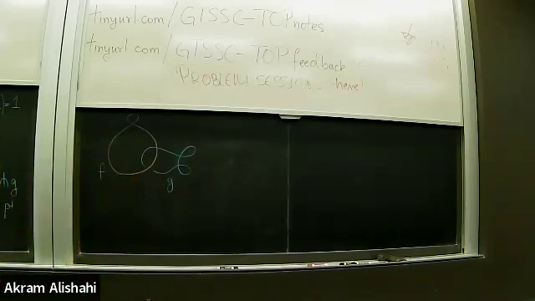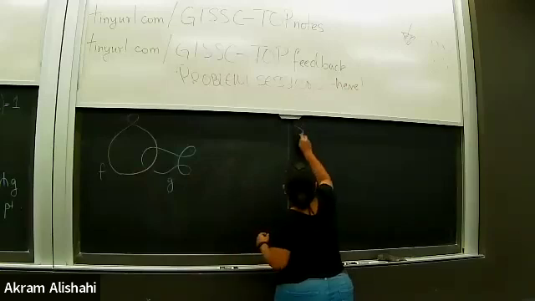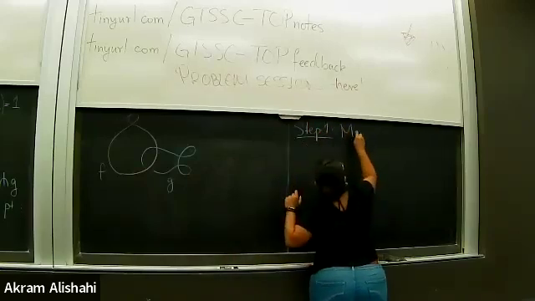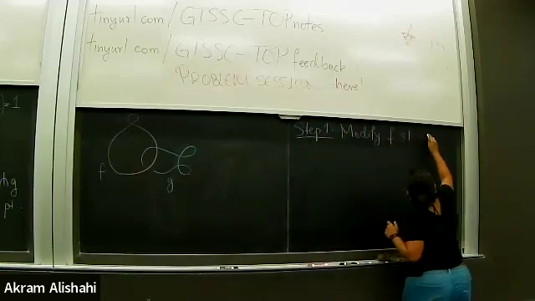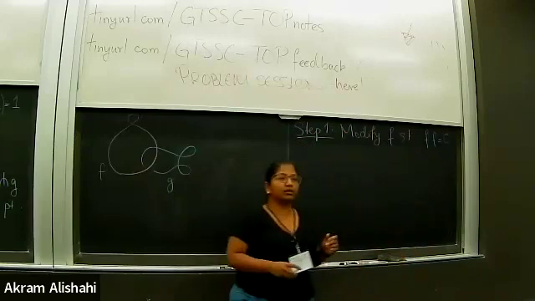All right, now we get to the actual step 1. So this was all step 0, so step 1. We're going to modify F so that the self-intersection of F is 0.